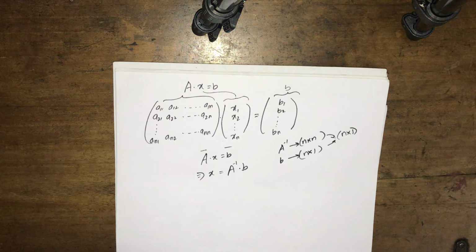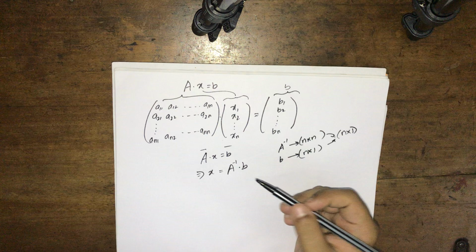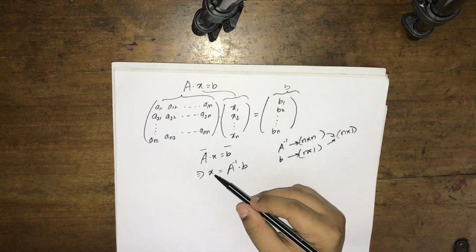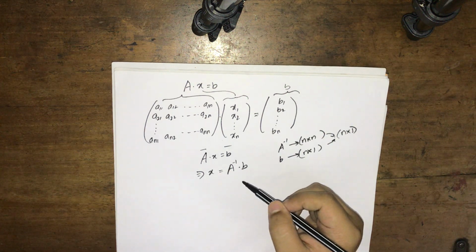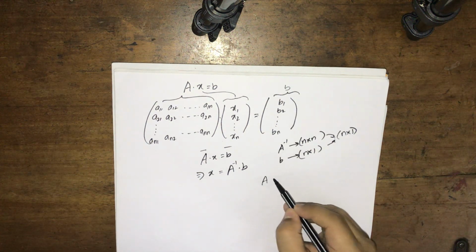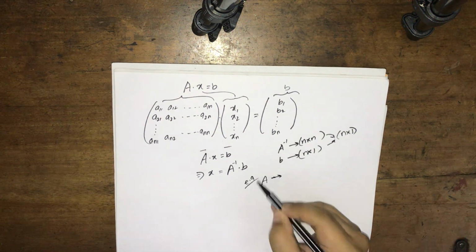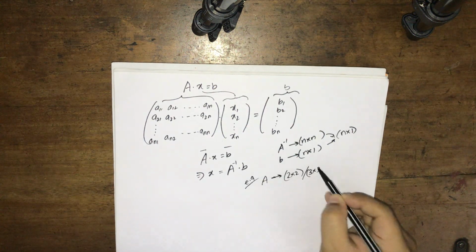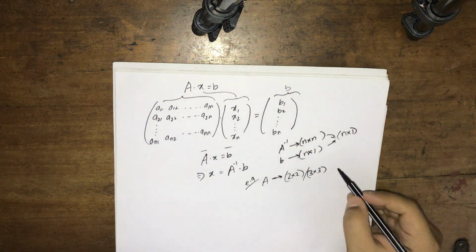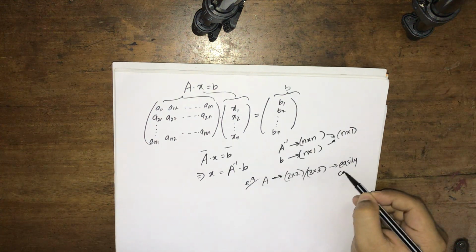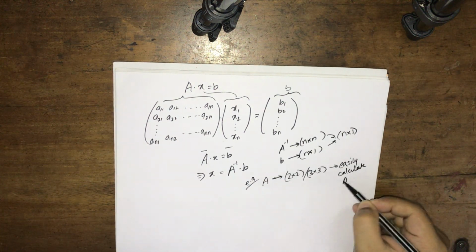Okay, moving on, if we can calculate A inverse, we can multiply it with B and easily generate the individual values of all the variables x1 up till xn. But that is not always the case. If A was, for example, a 2 into 2 matrix or a 3 into 3 matrix, then we could easily calculate A inverse.